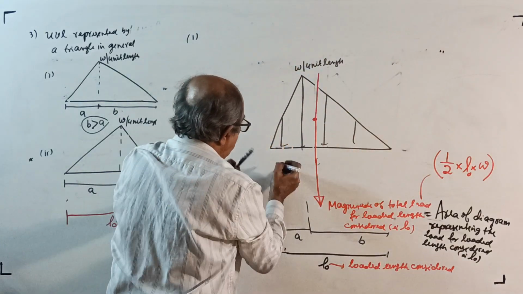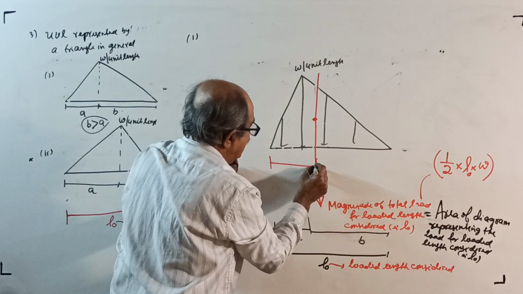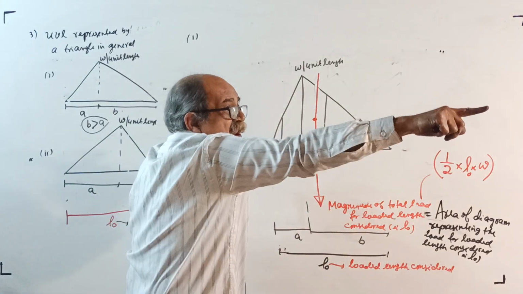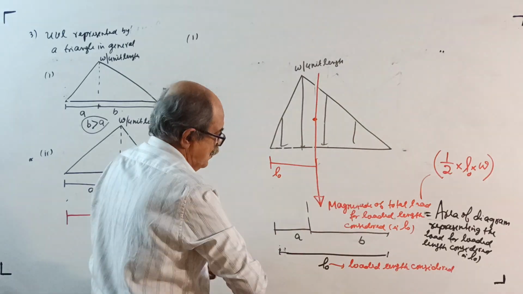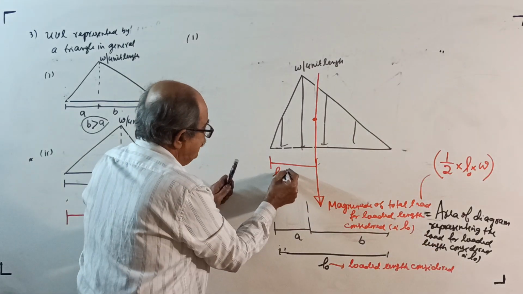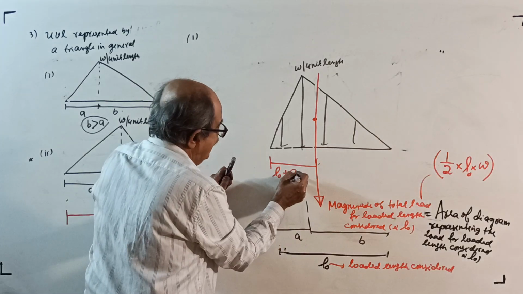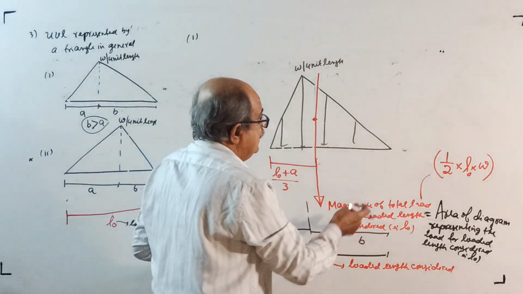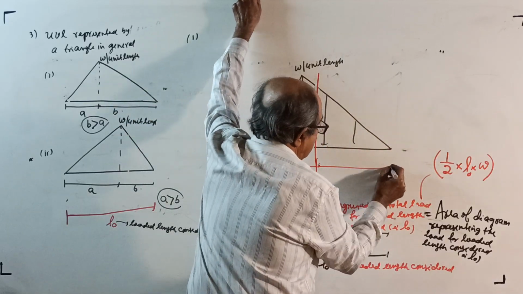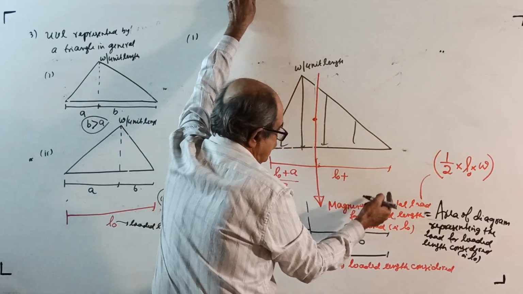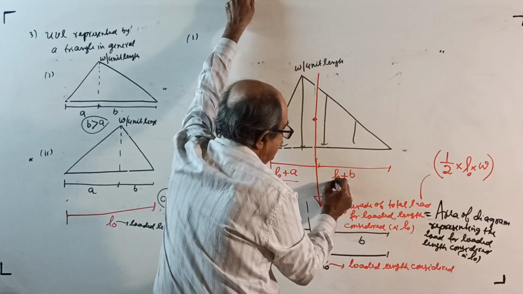Total load: I told you, if you want the distance from here, it is full length L naught plus this cut length A divided by 3. If I want from here, full length L naught plus cut length B divided by 3.